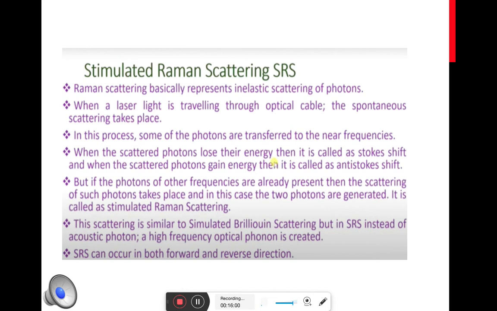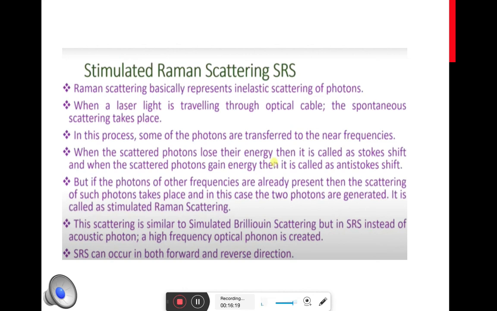We have a certain amount of photons, and due to these photons there can be a spontaneous emission of other photons, and due to the scattering, another two photons can be generated. As a result, there is a collective number of photons, and between these photons there is a transfer of energy between near frequencies.